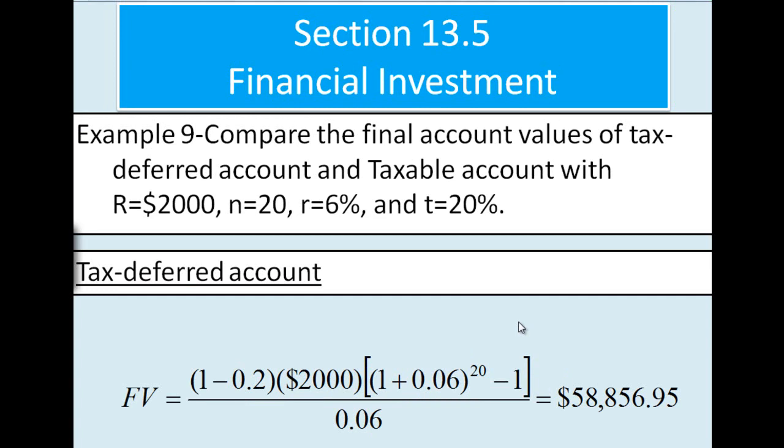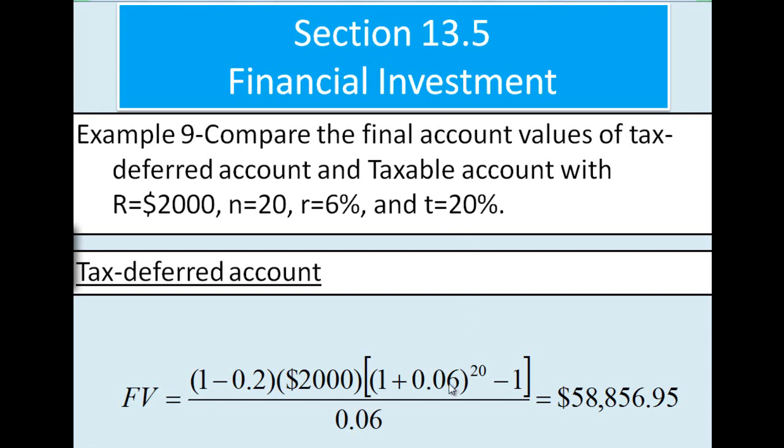Tax deferred account first. The data is: annual deposit is 2,000, 20 years, 6% in the account, and the tax rate is 20%.